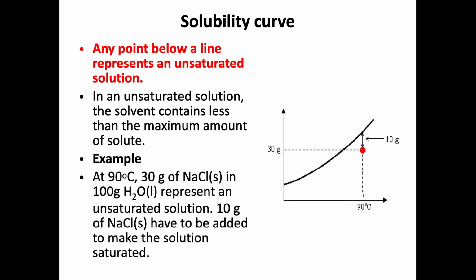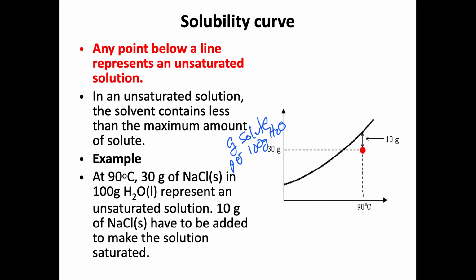So in this case, I've got 90 degrees Celsius, 30 grams of sodium chloride per 100 grams of water. Remember, this is grams of solute per 100 grams of solvent, which in this case is water. And this is saying, hey, I can add 10 more grams to that.